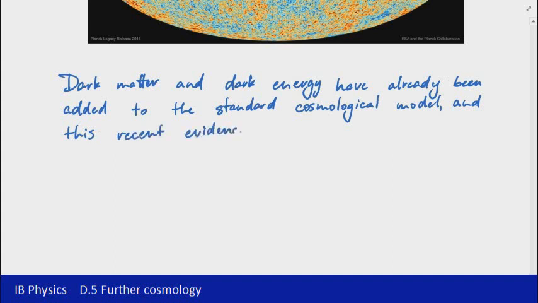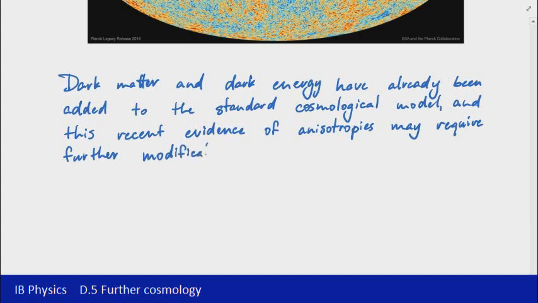So you can see that our understanding is not a complete one, and it's constantly being developed as further and more detailed evidence is provided, and it's the reason why we continue to send telescopes up into space to make more sense of what it is that we can see around us, and the models that we can use to describe those observations.